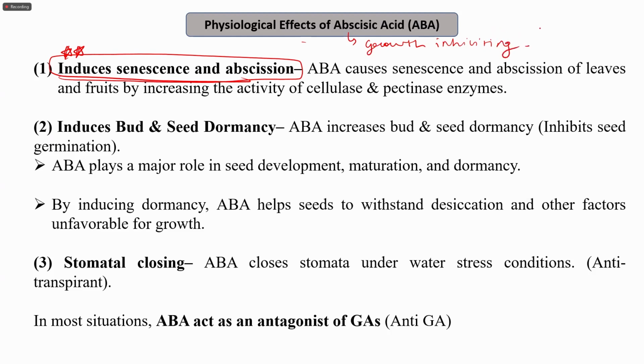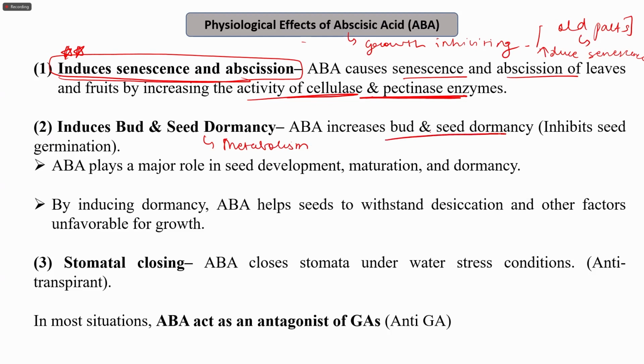It mainly acts on the old parts of the plant, inducing senescence. ABA causes senescence and abscission of leaves and fruits by increasing the activity of cellulase and pectinase enzymes. It induces bud and seed dormancy. We know it affects the metabolism.